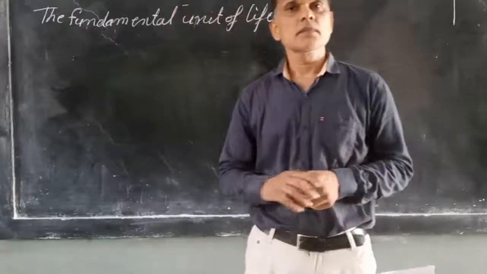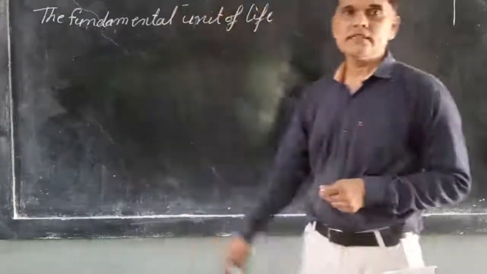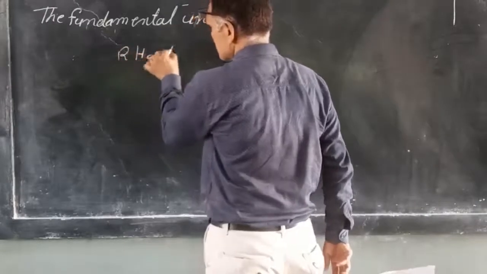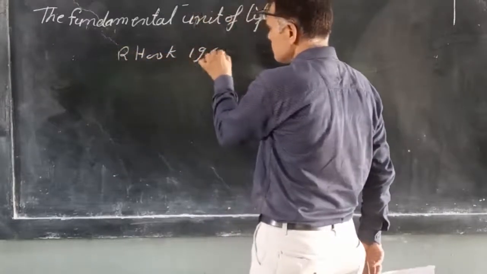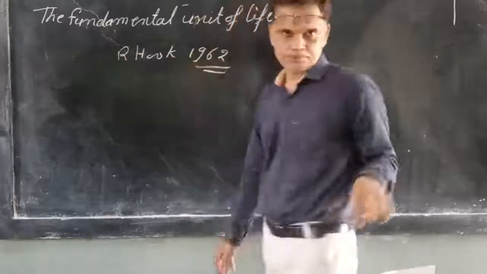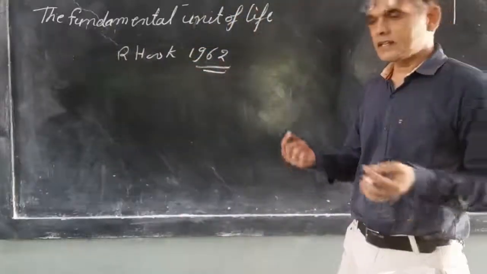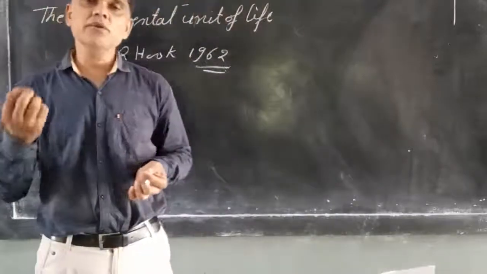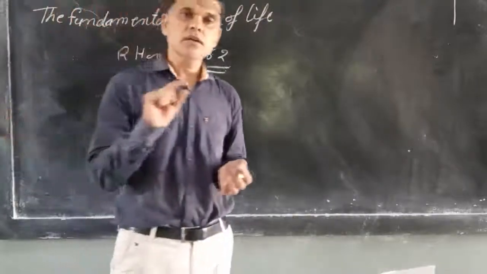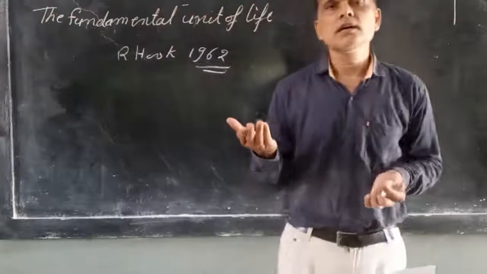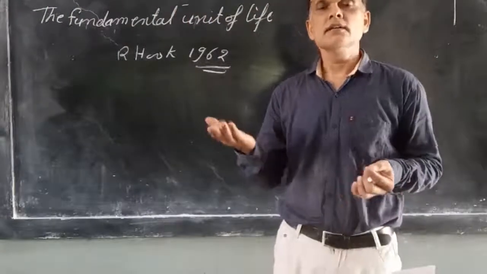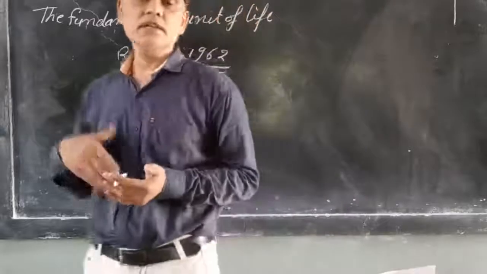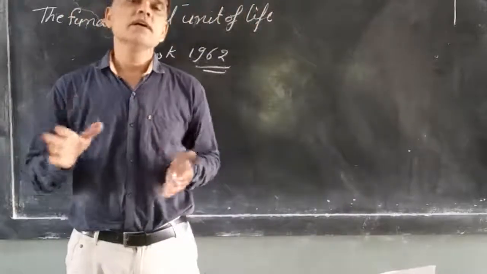The cell was first discovered by Robert Hooke in 1665. Hooke observed cork, the simple wood obtained from plants, under a simple microscope that was invented by himself.